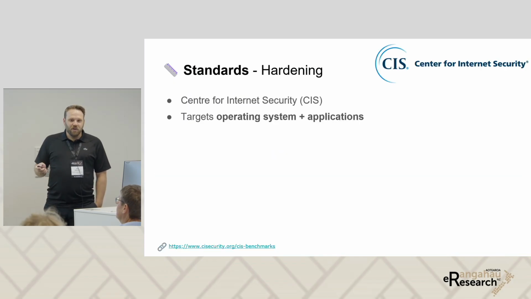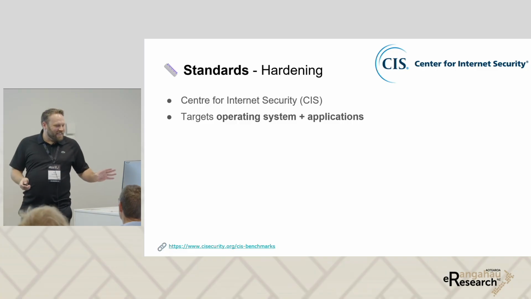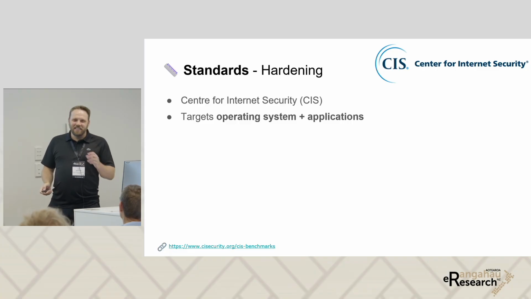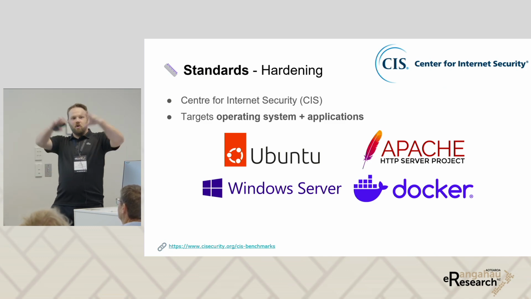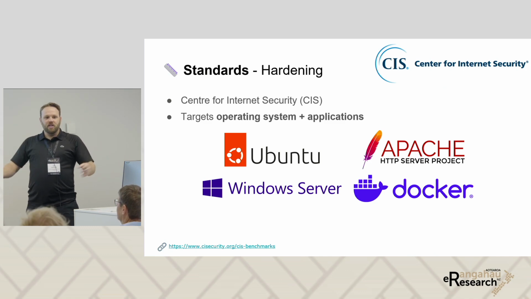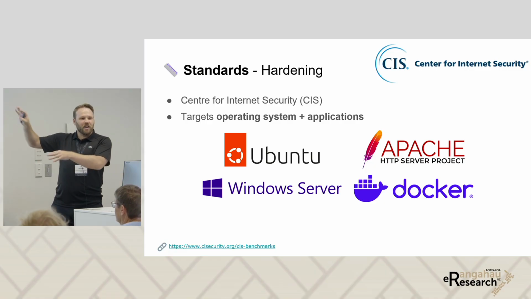Okay, the second one, which is more fun, in terms of standards, as fun as they can get, CIS standards are all about hardening things, and they target operating systems and applications. So the one we looked at, the NIST one, is like, overall, is our security good? Have a good process and procedures. This is the tech. This is kind of the more fun part.